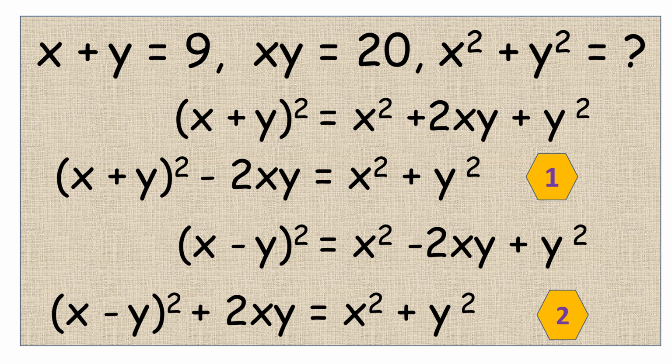Now in equation 2, do you have an x minus y in the question? The answer is no. Do you have an xy in the question? The answer is yes. So because you don't have all that you need to substitute, equation 2 will not be applicable.